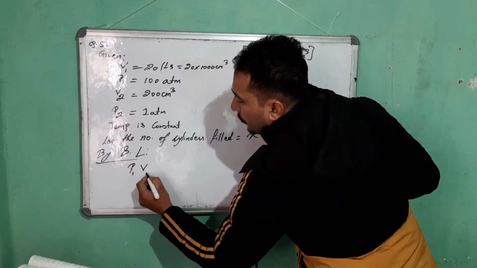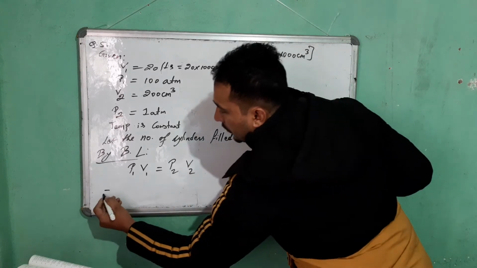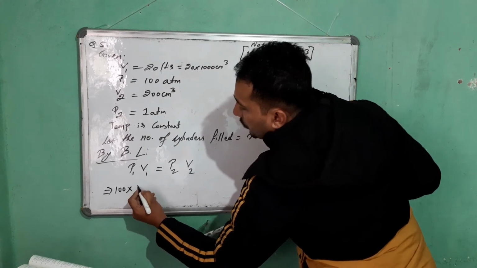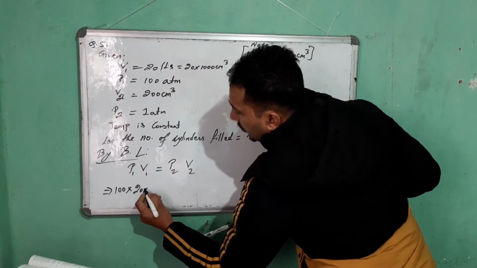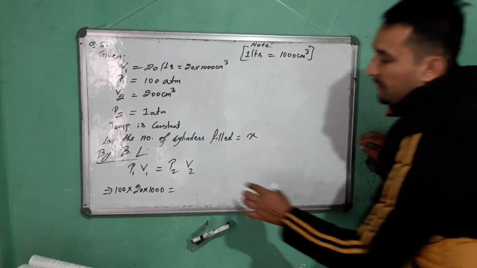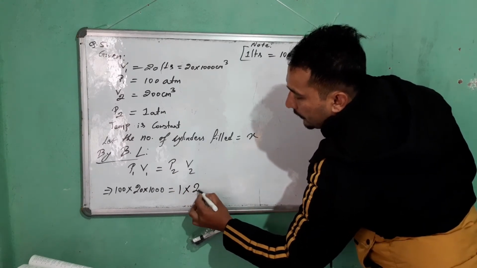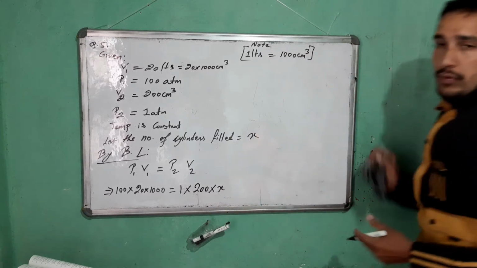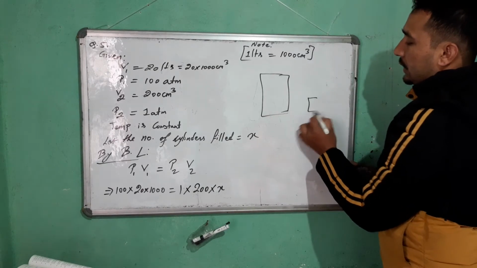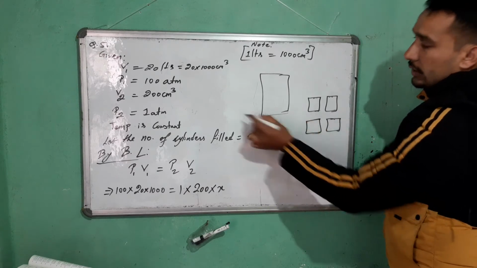P1 V1 is equal to P2 V2. P1 is 100, V1 is 20 into 1000, equal to P2 is 1 into V2. Where is V2? 200 into X, because from this big cylinder gas is poured into X small cylinders.